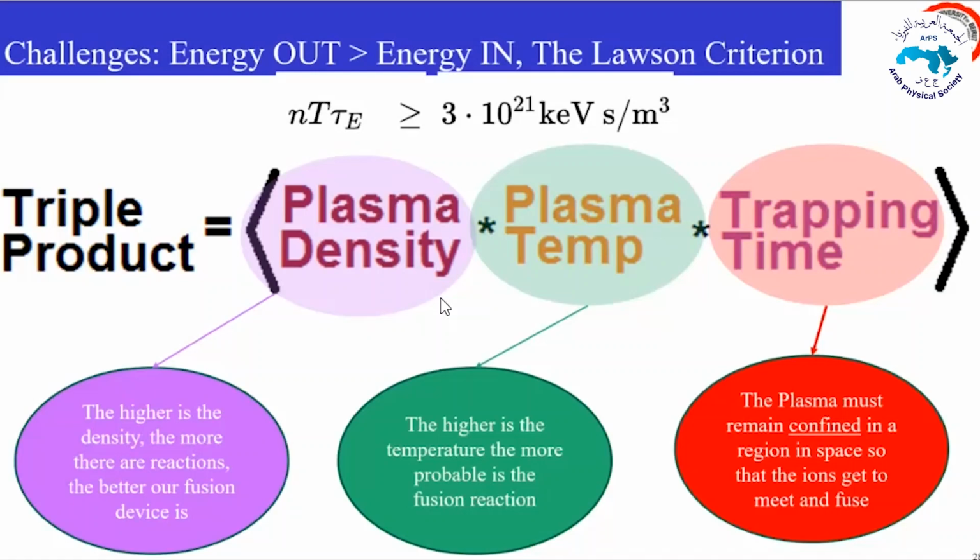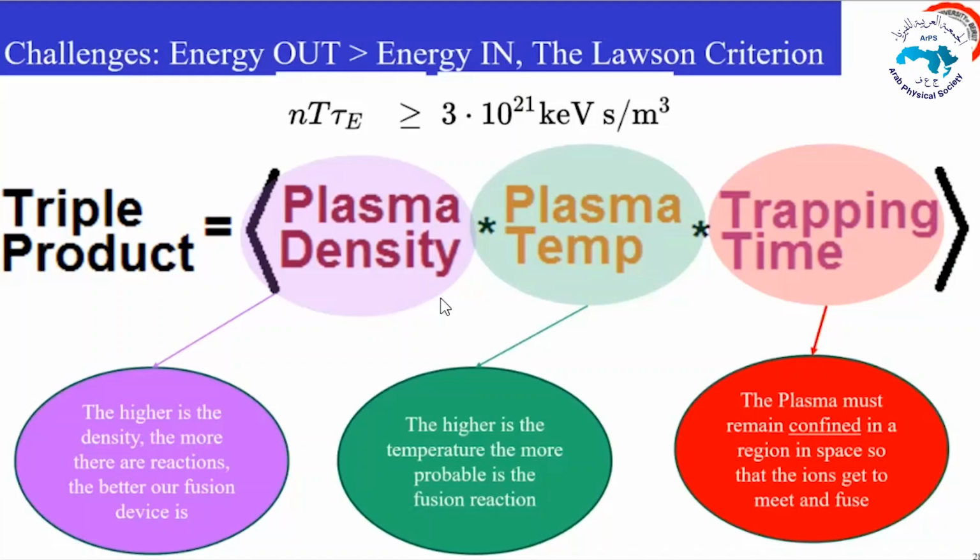Okay, so this brings us, if you do some mathematics, to something called the Lawson criterion, which tells us, on a zeroth order level, what the main three players are for energy to start to be productive. So that the energy getting out of the tokamak is at least equal to or greater than the energy that you put into the tokamak.